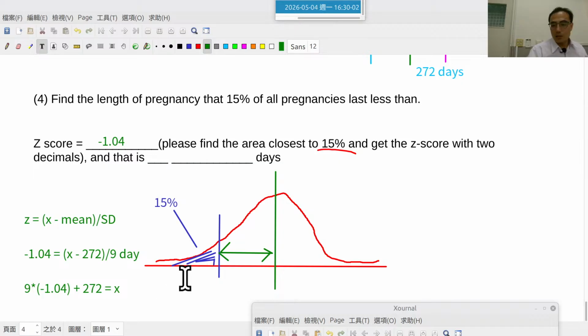You can write 262.94 or 263 days. Either one, the TA will give you the scores. Okay, so far the question.